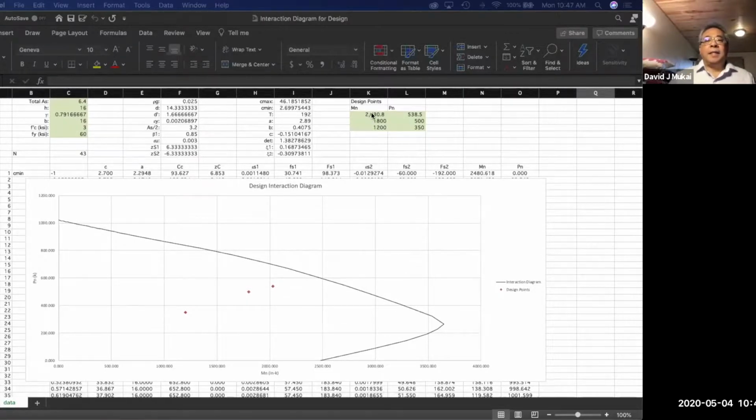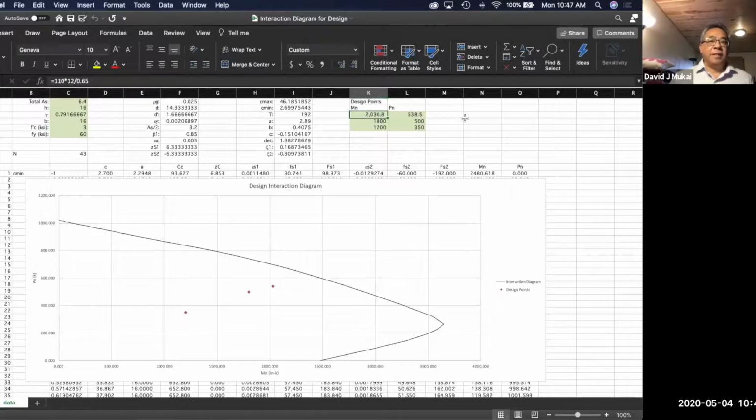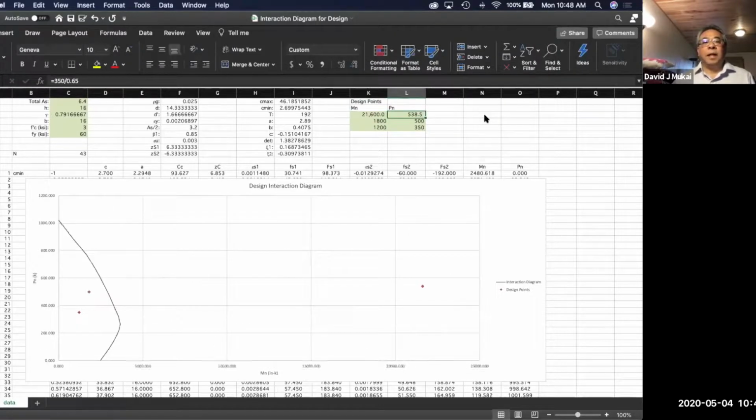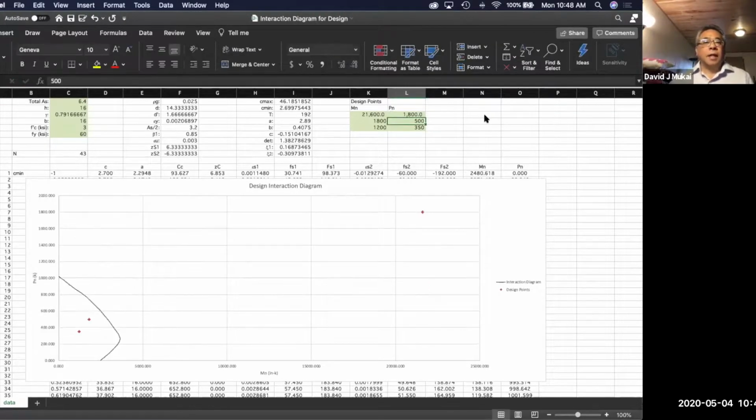And here, what you do is you type in the MN and PN you're designing for. Okay, so we had MN was 21,600 inch kips. And we had PN was 1,800. Okay, so that's this point here. I'm going to delete the other two.